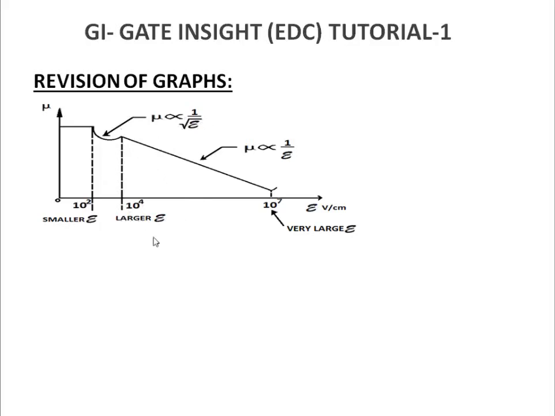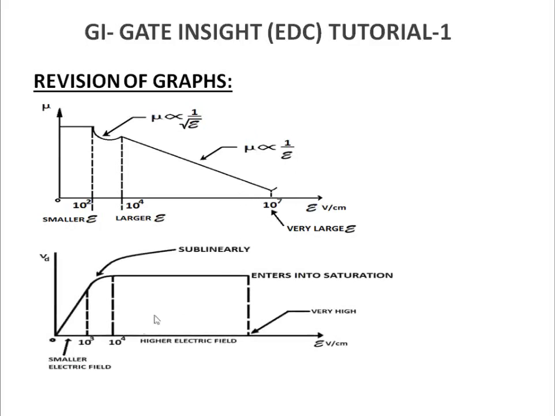As a larger electric field is applied, that is more than 10 to the power 4, the mobility decreases as the electric field increases. So there is an inverse relation between mobility and electric field, that is mu is proportional to 1 divided by E. And at very large electric field, that is 10 to the power 7, the mobility saturates.